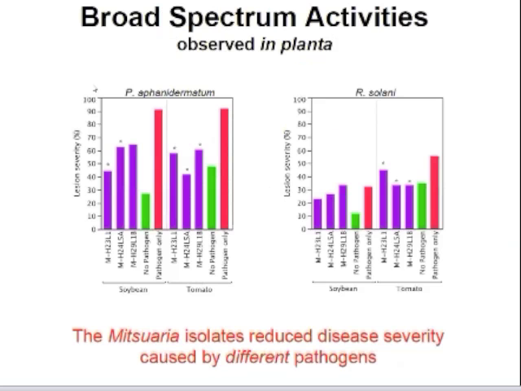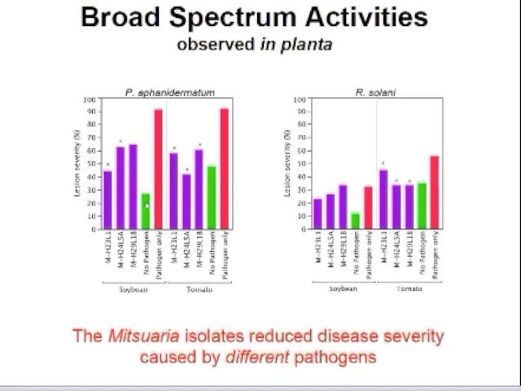Now, when we bioassayed these particular organisms, we found that they were actually able to suppress different plant pathogens. Here we have Pythium ephenodermatum and Rhizoctonia solani as our test pathogens, and we have soybeans and tomato plants that were either treated with a pathogen only and had a high level of disease, or the seedlings were treated with the Mitsuaria bacteria, and you saw that the disease was significantly reduced.